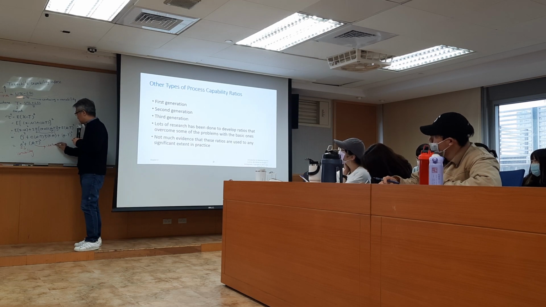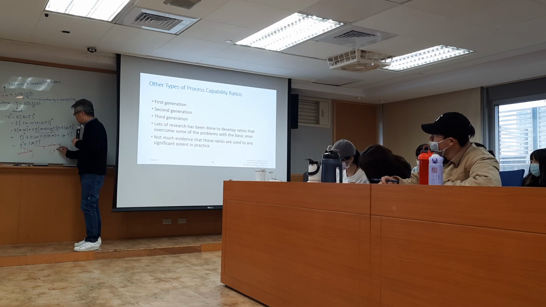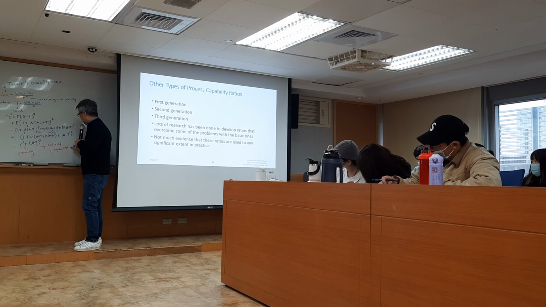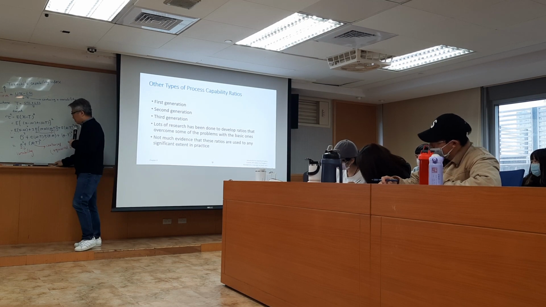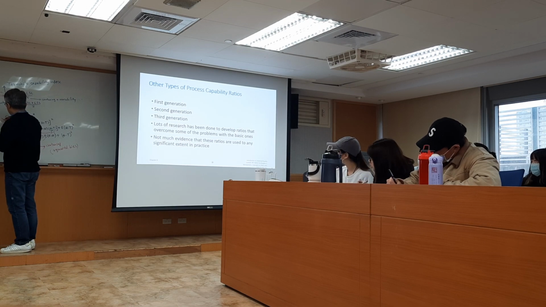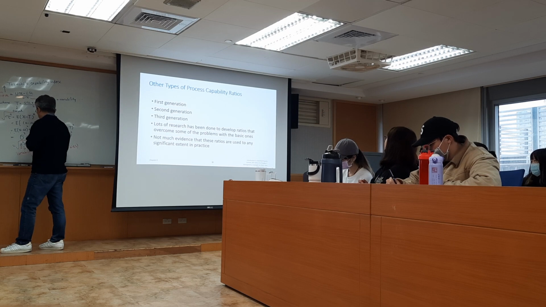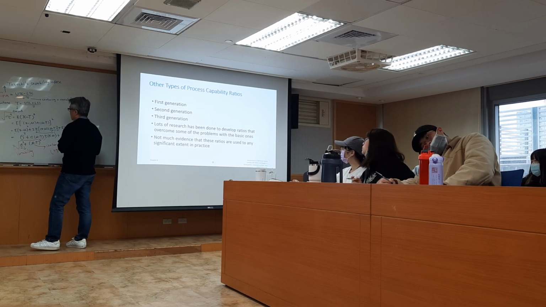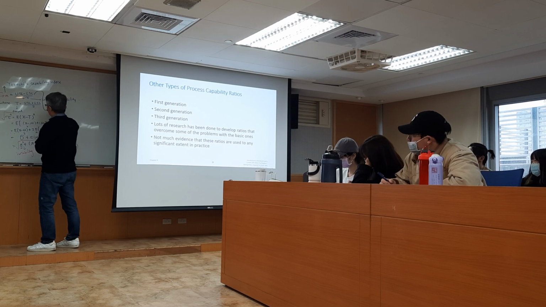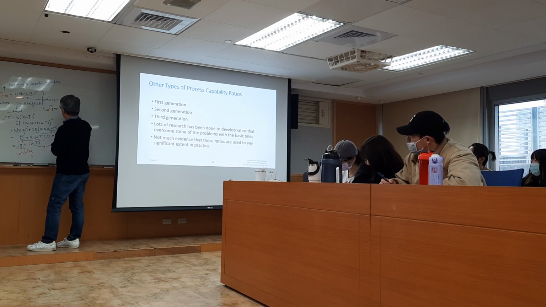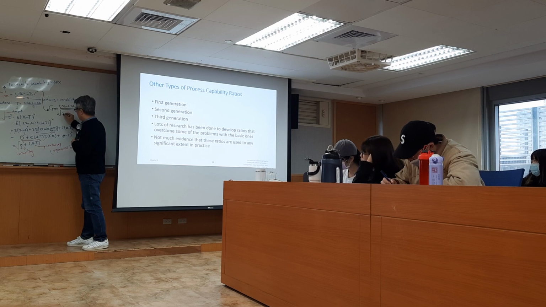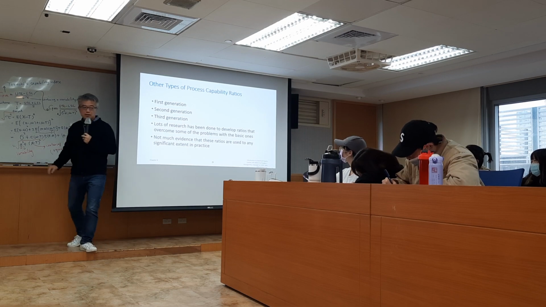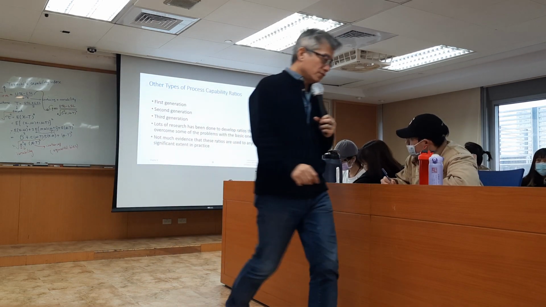It also considers the squared bias. Then finally, CPM equals the upper specification limit minus the lower specification limit, divided by the square root of sigma squared plus the quantity mu minus T squared. So this is CPM.